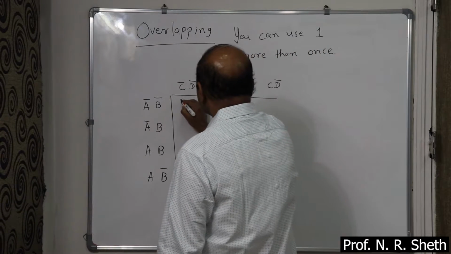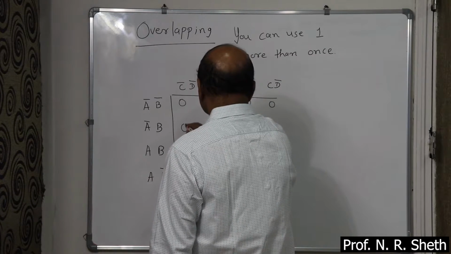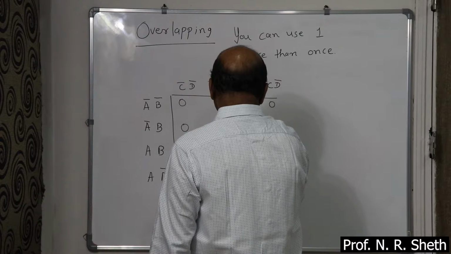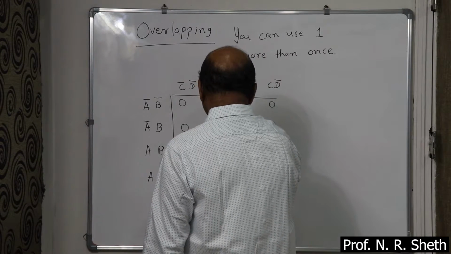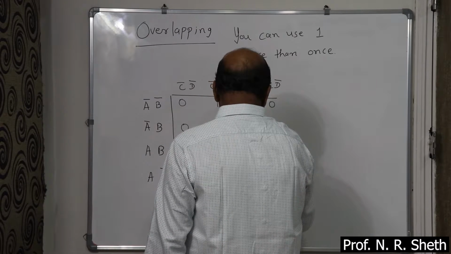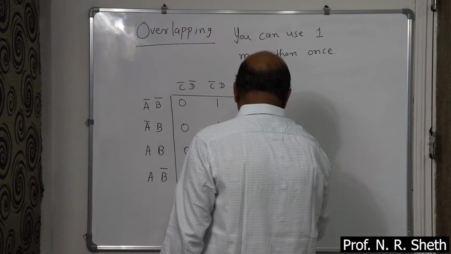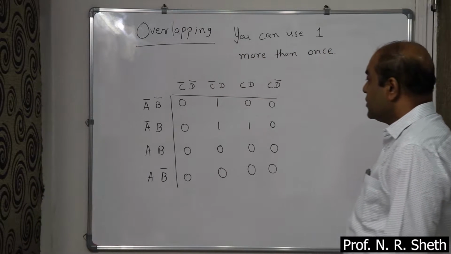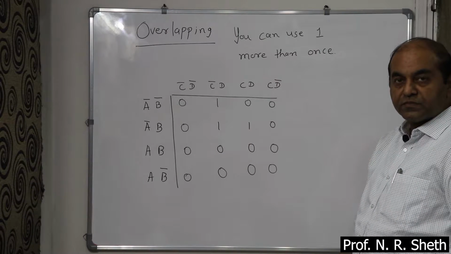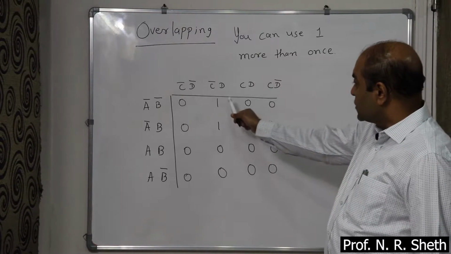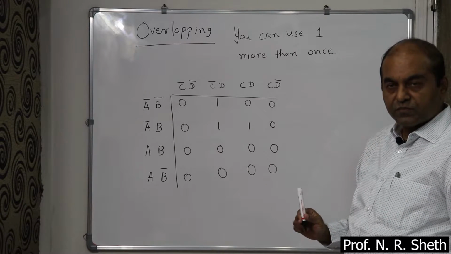Now suppose you are given a K-map in this fashion. 3 entries are high, remaining 13 low.